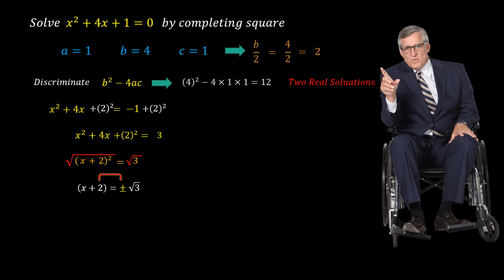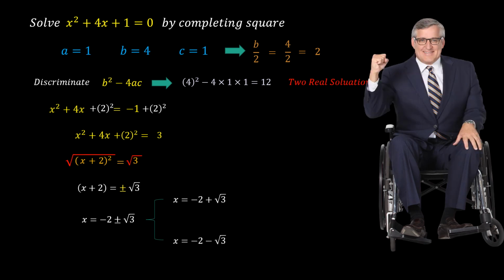Now you can move 2 to the other side, so x equals -2 ± √3. That means there are two answers for this quadratic equation: x is -2 + √3, or x is -2 - √3, and this is the answer for this quadratic equation.